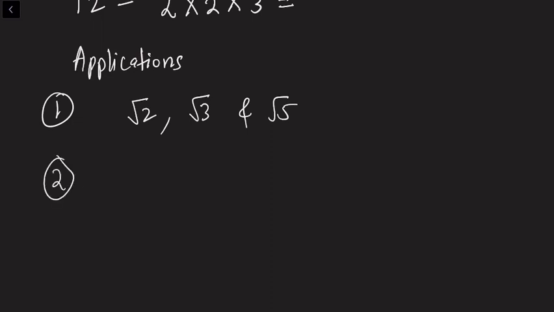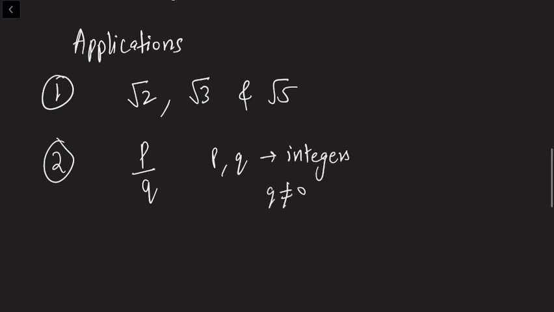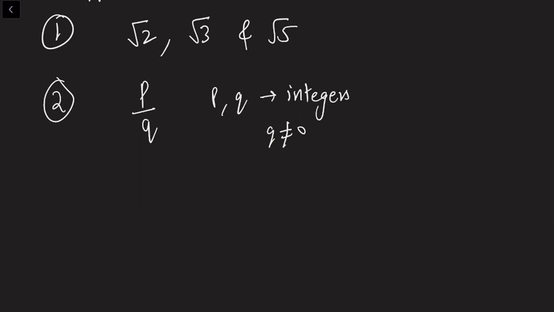What is the second application? You must have learned about rational numbers also, right? In your lower classes, rational numbers are of the form p upon q, where p and q are integers and q cannot be 0. If you are given a rational number, now what is the decimal expansion of this number? It is 0.666, right?